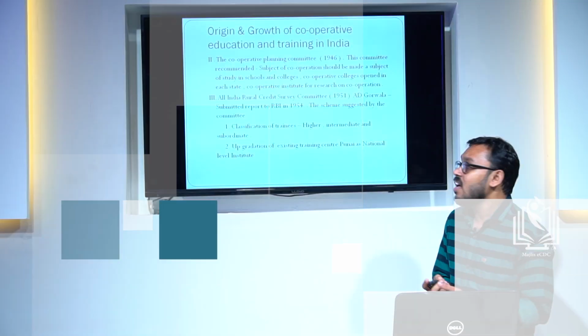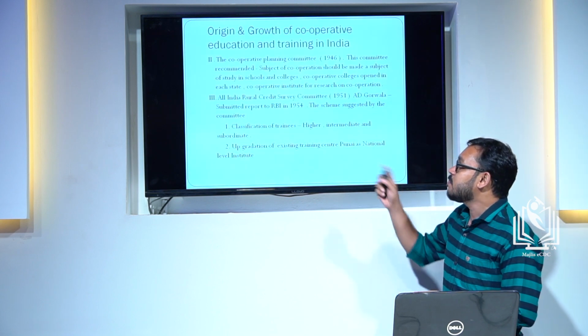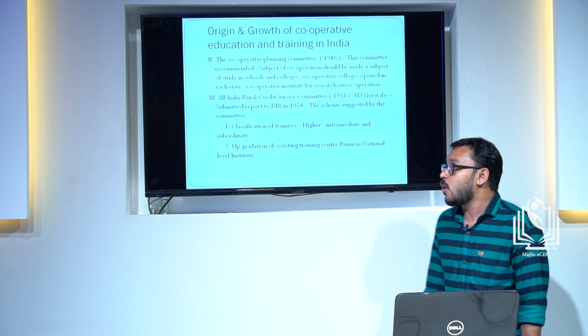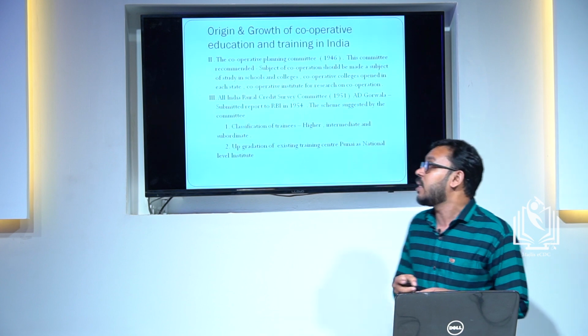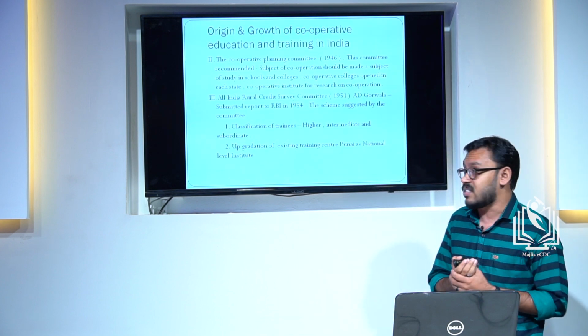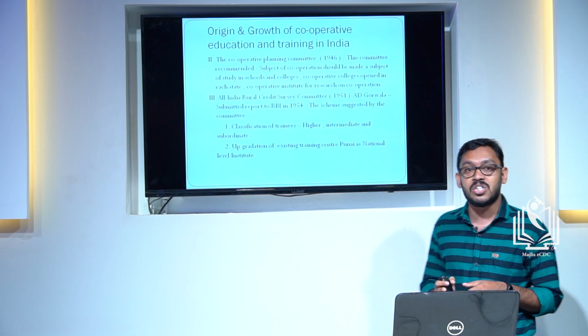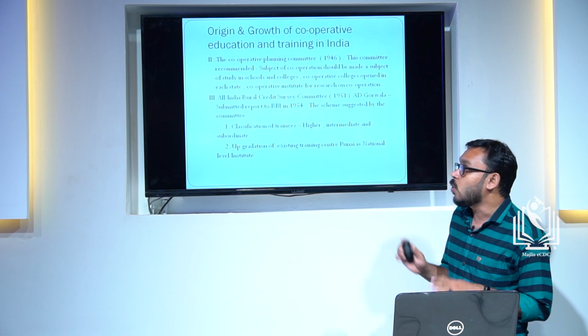The report recommended that the subject of cooperation should be made a subject of study in schools and colleges, that cooperative colleges be opened in each state, and that a Cooperative Institute for Research on Cooperation be started in the entire country. Okay, so I hope the term is clear.